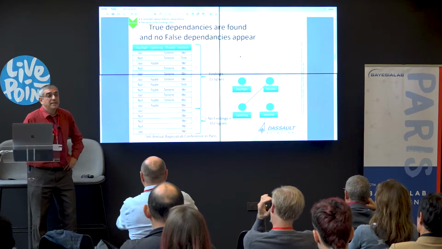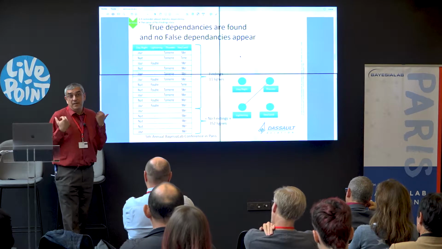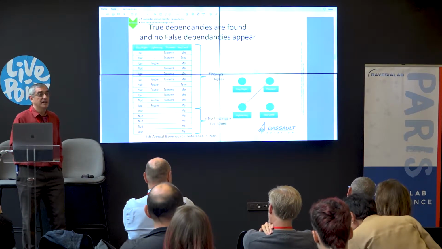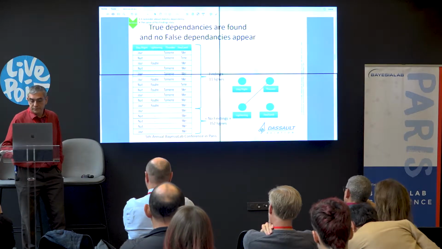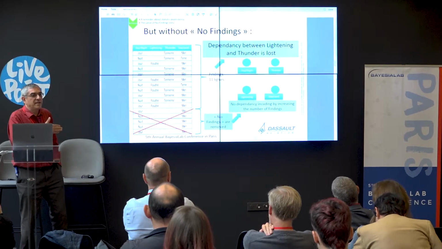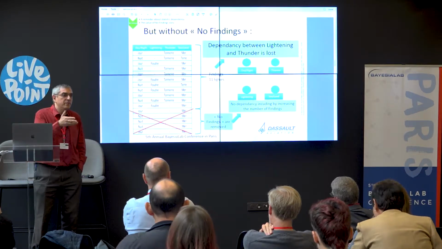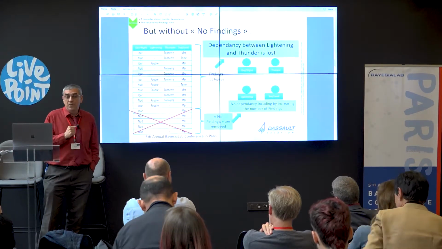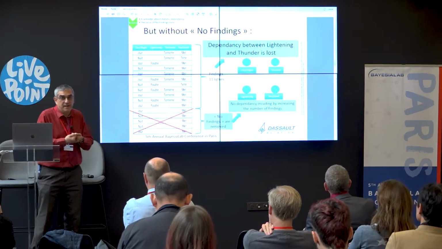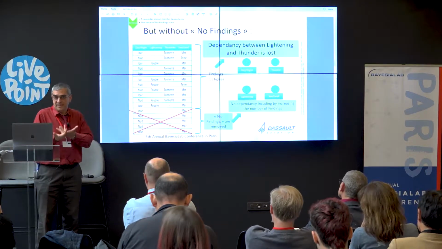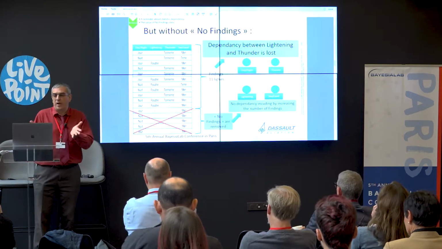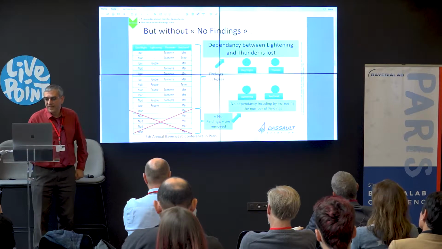Okay? And what pleases us is that we identify the relationship between thunder and lightning, and we have no additional dependencies. We have no link between day, night, and thunder. We have no link between the others. And remember that when we built the Excel sheet, these links don't exist. There is only a link between thunder and lightning. So we are pleased.